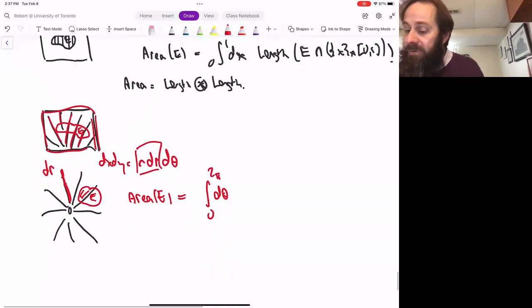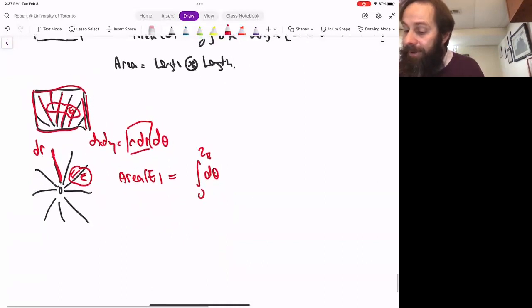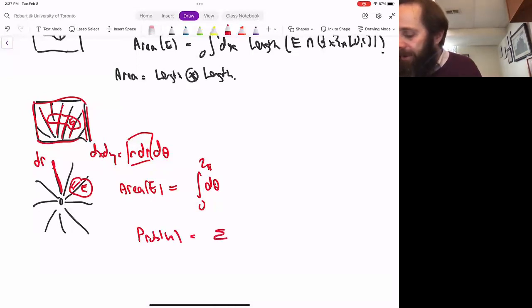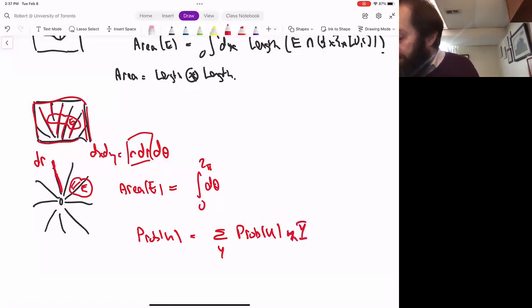And if this was a discrete world, if I was doing discrete probability, then things would be very simple, because the probability of some event U can be written as a sum over possible outcomes y of the probability of U given Y equals y, times the probability of capital Y equaling y.